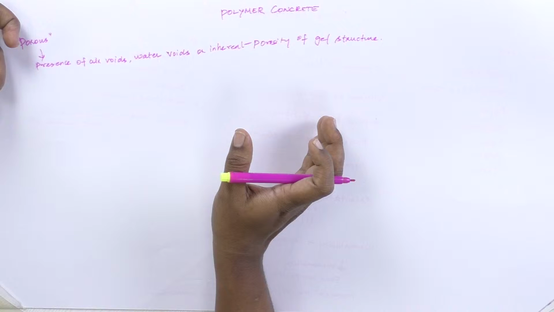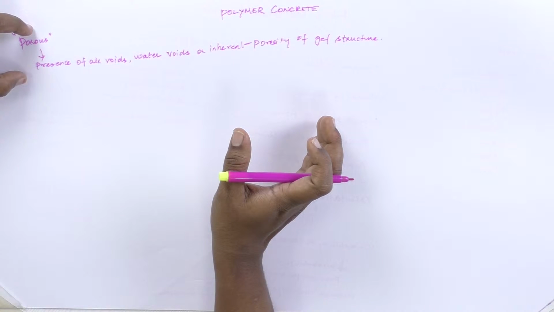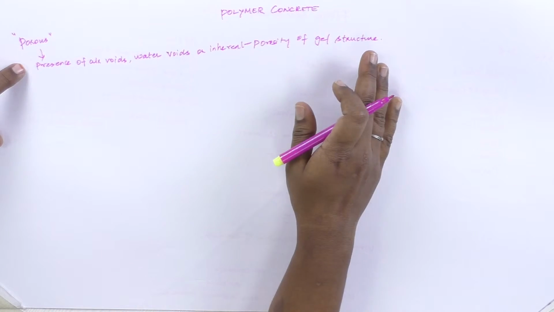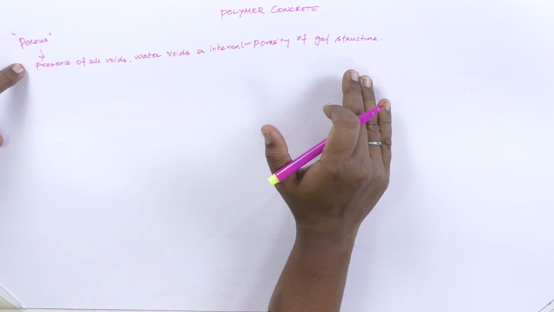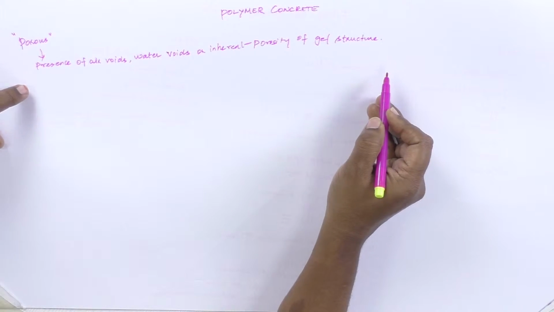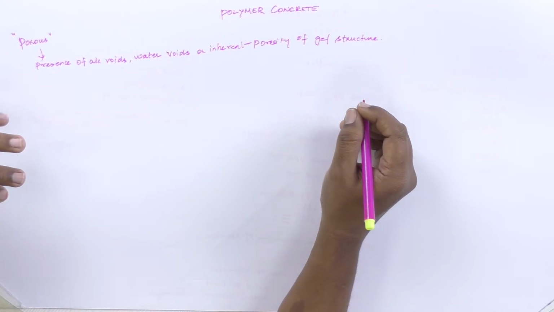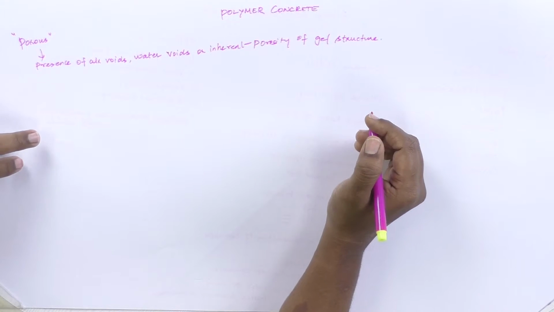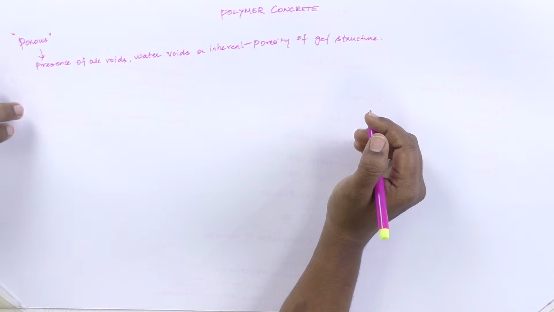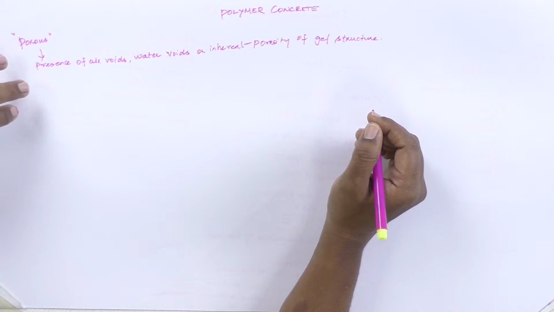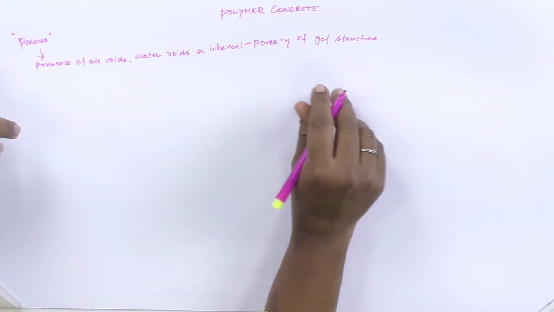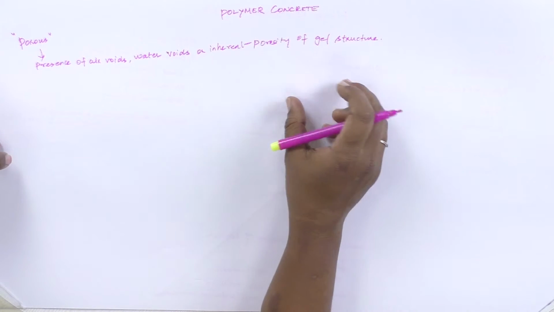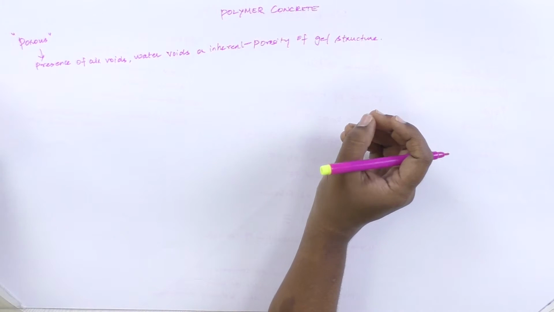Researchers worked to reduce the porosity of concrete, and the presence of air voids, water voids, and the inherent porosity of the gel structure is being reduced using techniques like vibration, pressure application, spinning, etc.